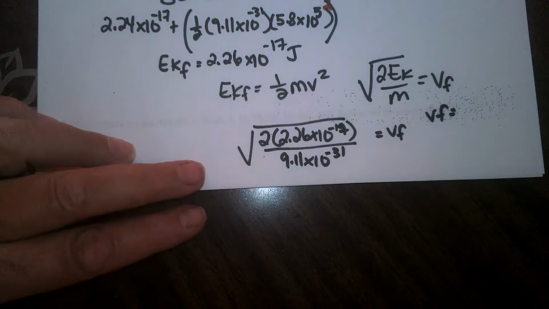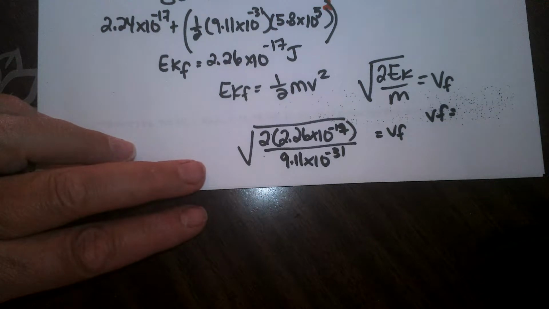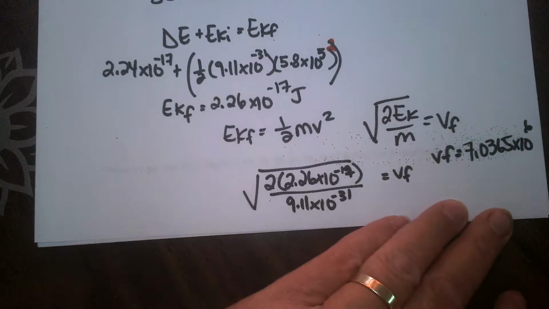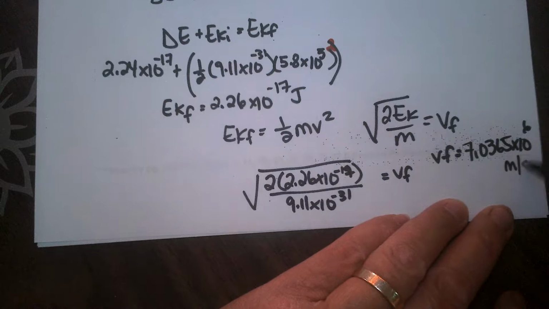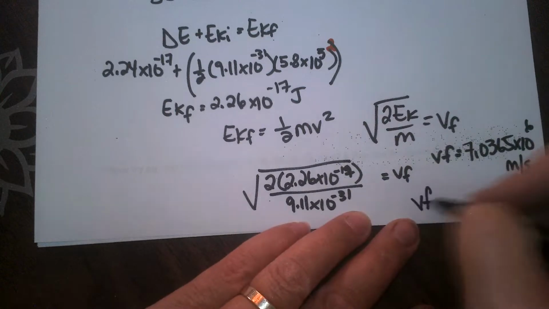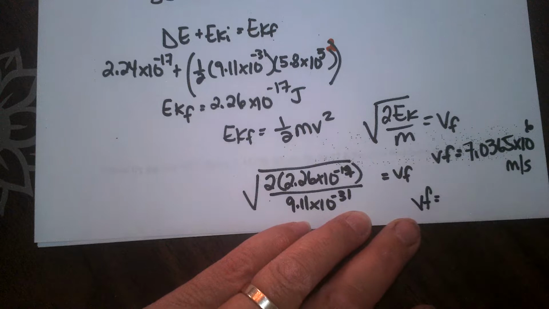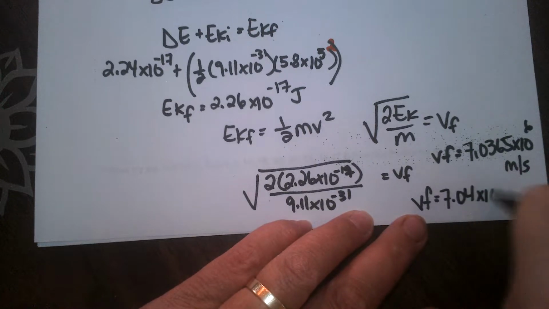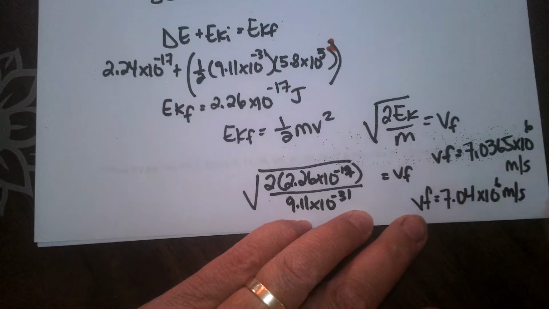So when I plug in my numbers, I get what? Okay, so 7.0365 carrying on times 10 to the 6 meters per second. But the question says what for significant digits? 3. 7.04 times 10 to the 6 meters per second.